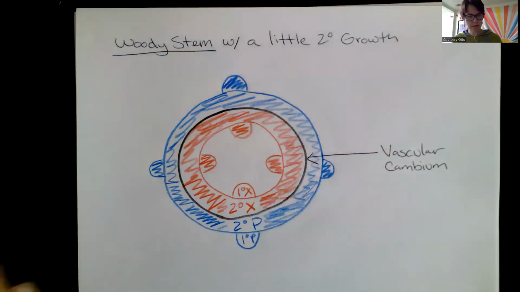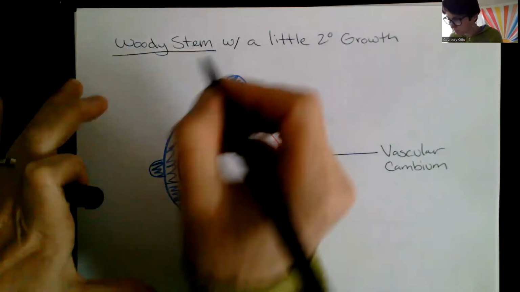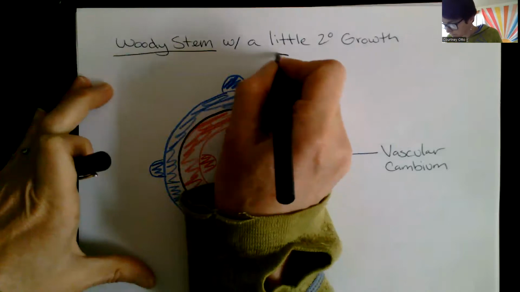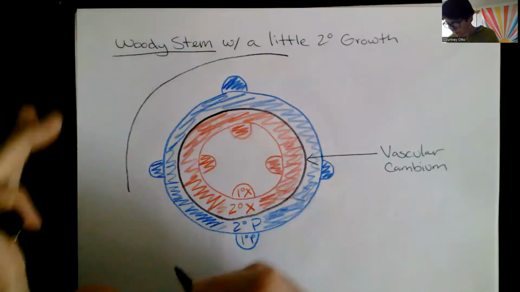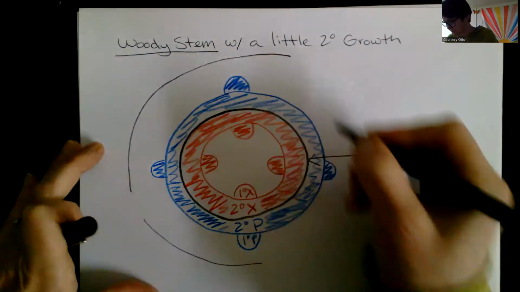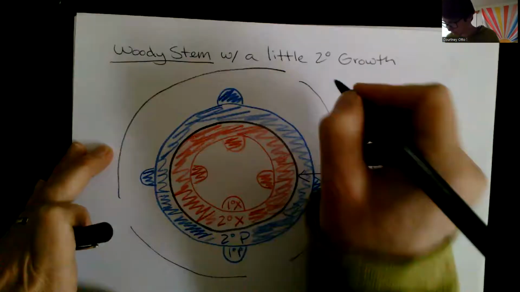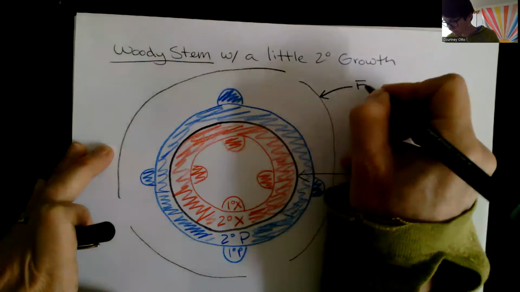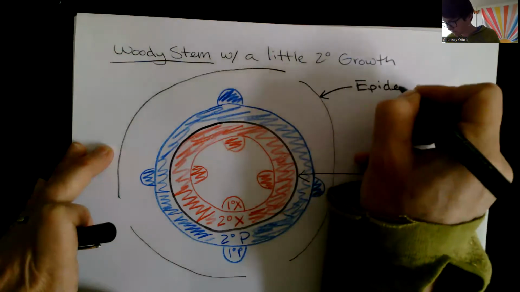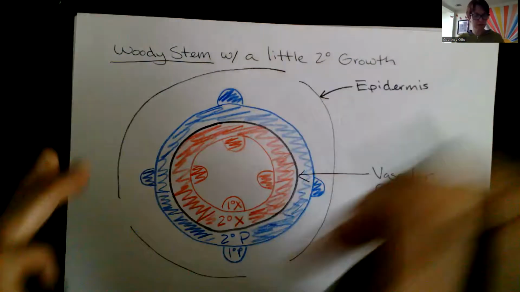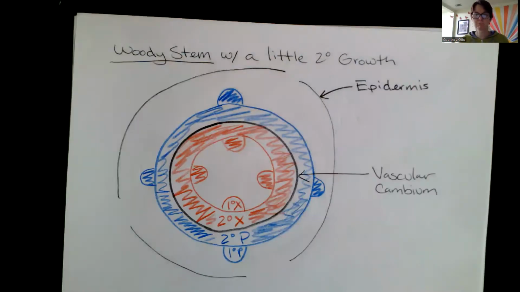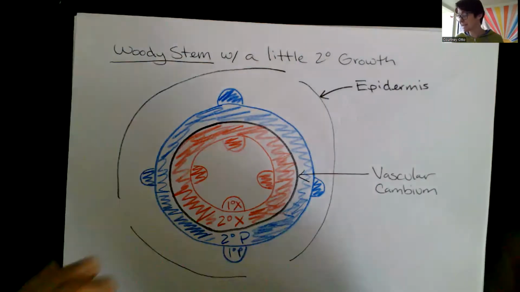All right, well, what about outside of that? Well, if we go way out, if it's a little bit of secondary growth, we're probably still going to see some little bits of epidermis. Now notice I drew that as broken, right? At this point, it's probably broken and dead.